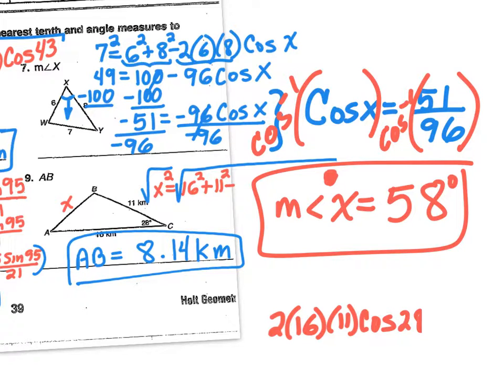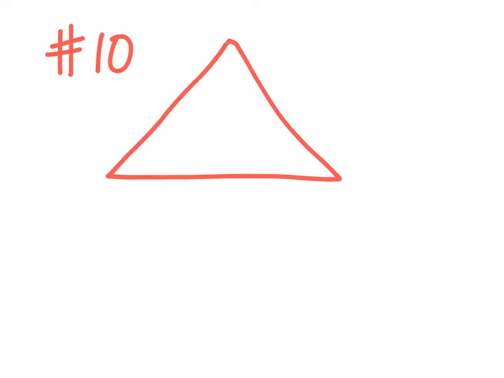No? Let me give you one more on the back of the paper. Go ahead and copy this problem. This is the law of cosines, yes. Okay, so this is problem number 10. In number 10, the problem is triangle JKM. M is for mother.